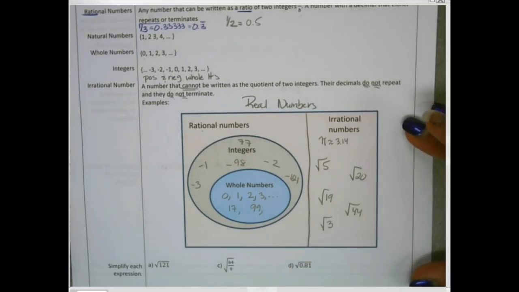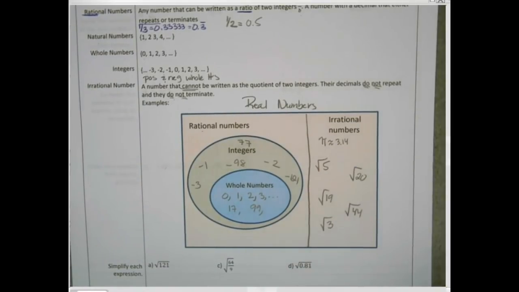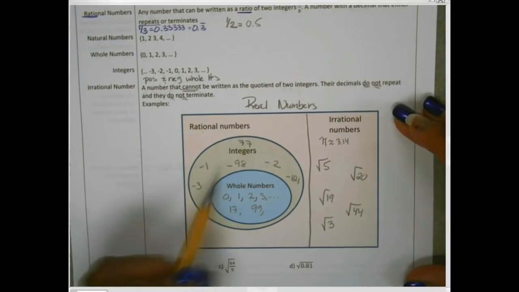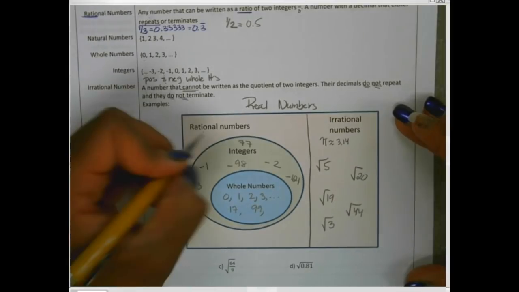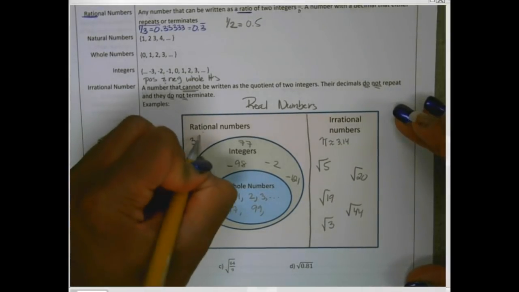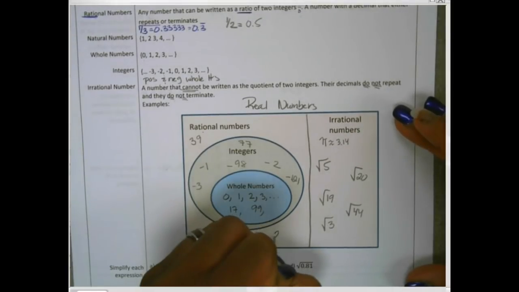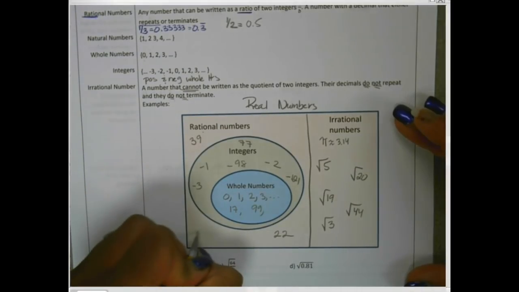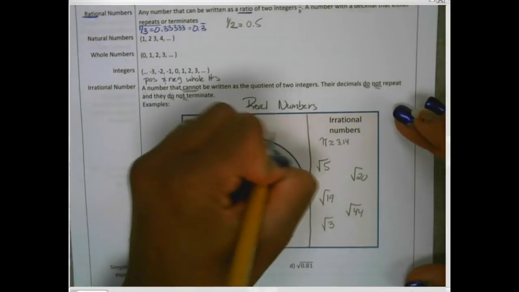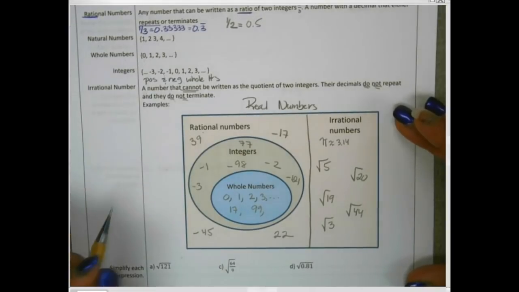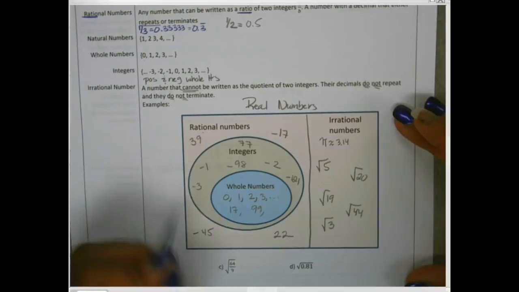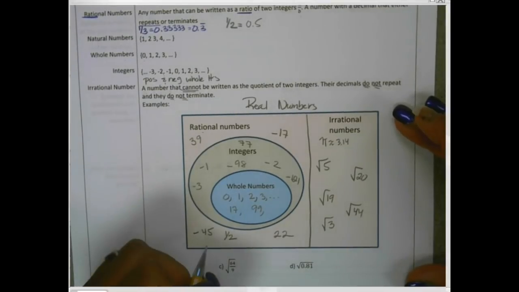Now, rational numbers has all of that. It includes everything that we've written down here. So you have your positive numbers like 39 and 22. Then you have your negative numbers, -45, -17. All of that. But it also now includes your fractions, your 1/2, because it terminates.